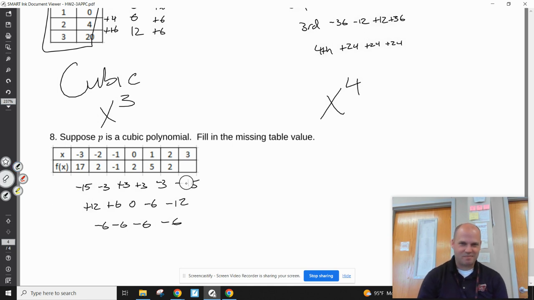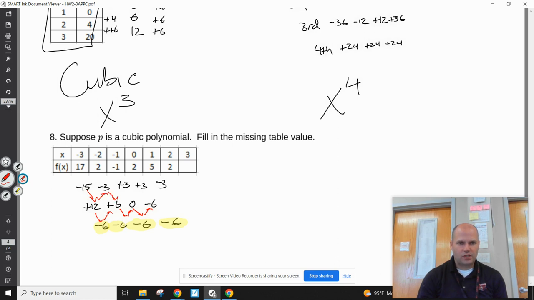Let's talk about this and make sure we get this, okay? Once we know the third difference is negative 6 across the board, then this has to be a minus 6. So we can see 12 minus 6 is 6. 6 minus 6 is 0. 0 minus 6 is minus 6. Negative 15 plus 12 is negative 3.